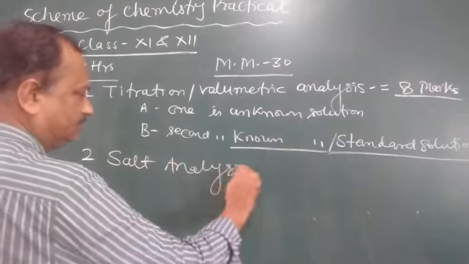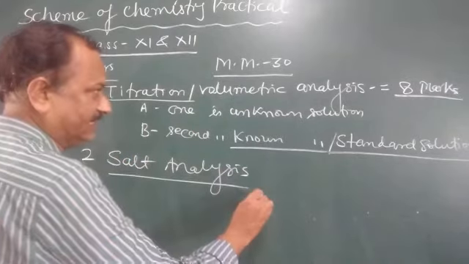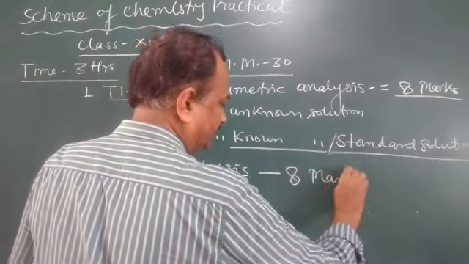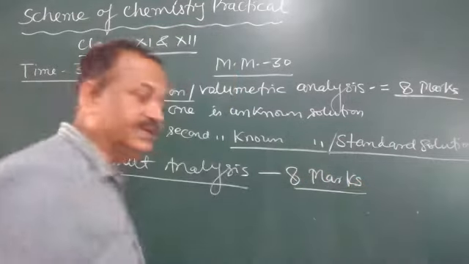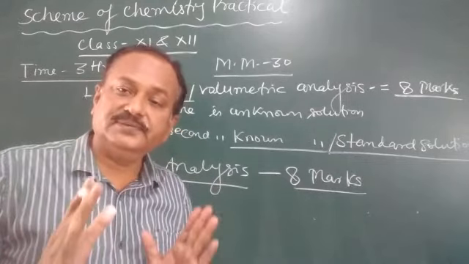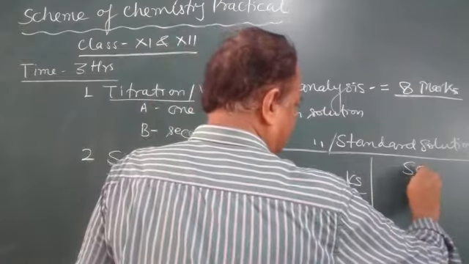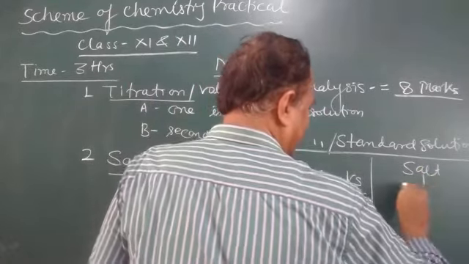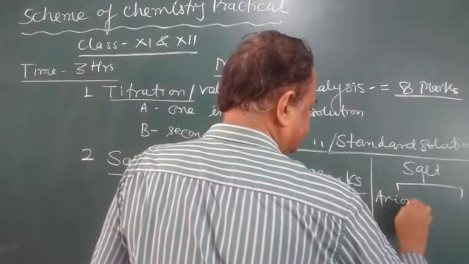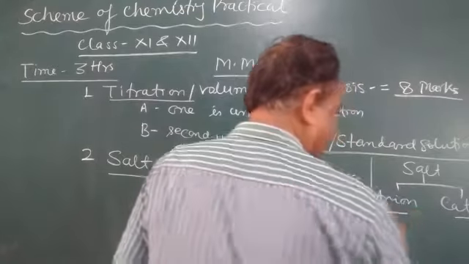Now the second is salt analysis. Salt analysis carries 8 marks. Any salt is made up of 1 anion and 1 cation, anion and cation.